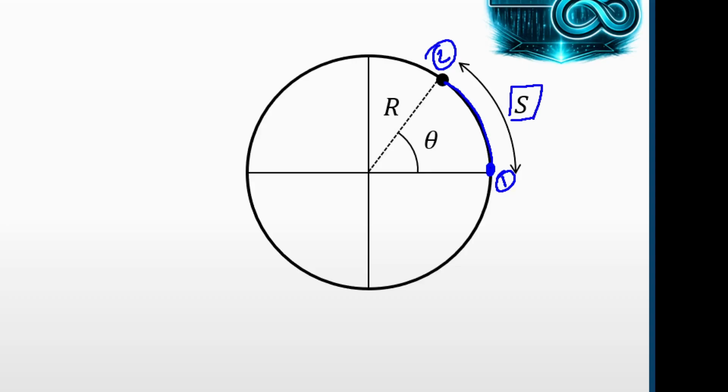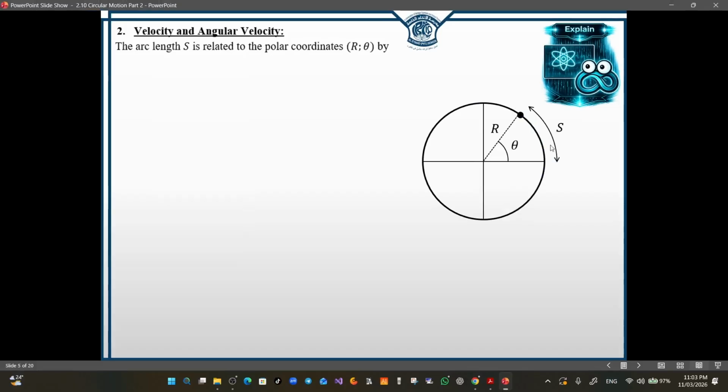We're going to use the notation S instead of D to represent this distance. Now to find this distance, via r and theta, we simply apply S is equal to r times theta, where r is the radius of the circular path, and theta is the angle confined between the radius and the initial position, or the line that passes through the center and the initial position.